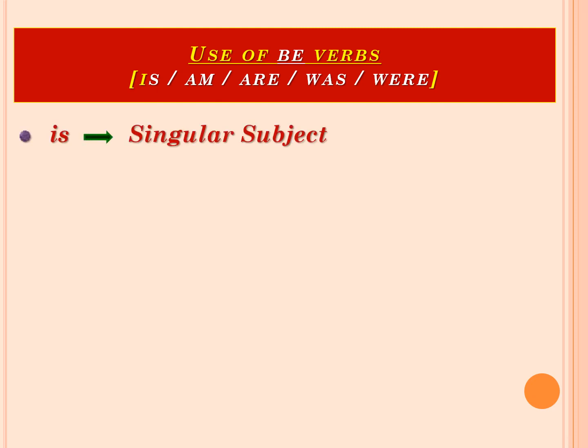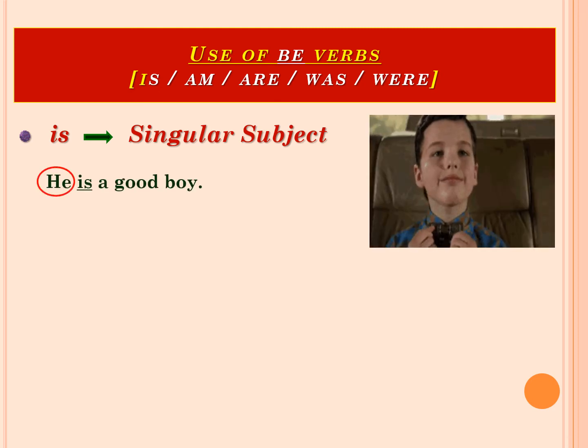The first one is "is". Is is a be verb which is used with a singular subject. Let us take an example for better understanding. He is a good boy. In this sentence, if you observe, "he" has been circled for you. He is the subject, that is the doer of action in the sentence.